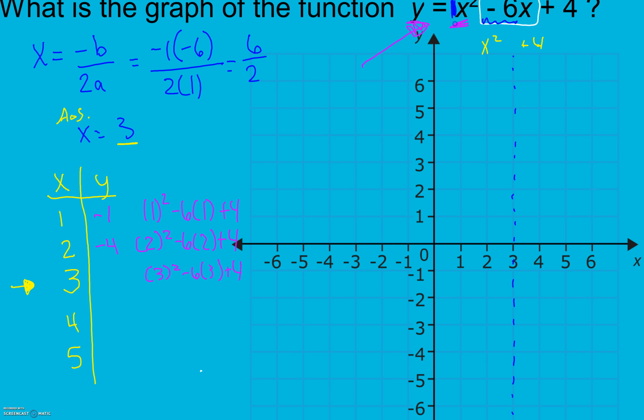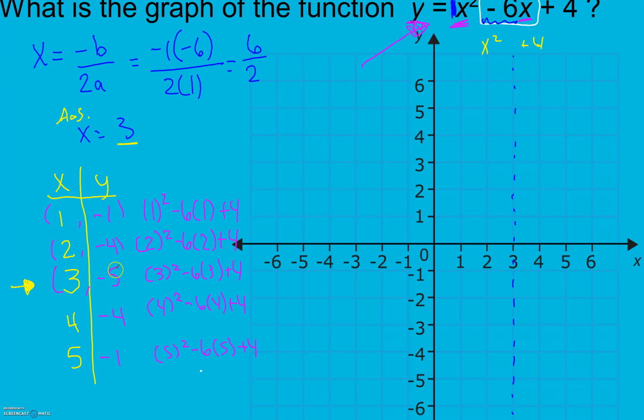Again, I'm just substituting them in for my x values here. Negative 5. x squared minus 6x plus 4, minus 4. x squared minus 6 times x plus 4, minus 1. And now these are our ordered pairs.